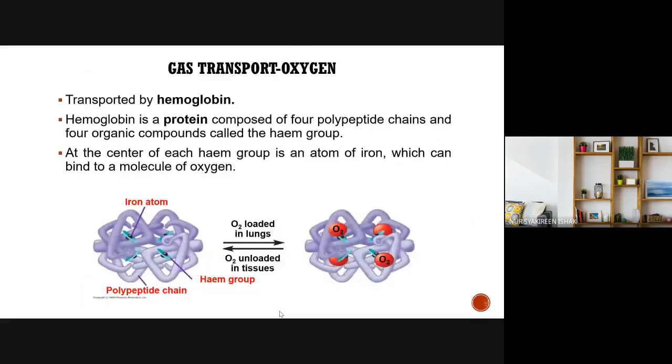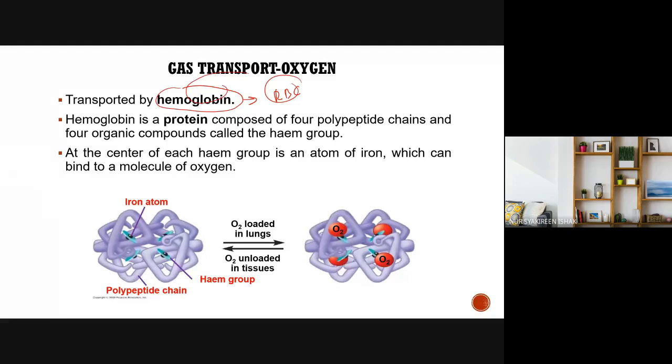So transported by hemoglobin. Remember, hemoglobin is the pigment in the red blood cell. Don't think that red blood cells are hemoglobin. Hemoglobin is the pigment found in red blood cells. So a red blood cell will contain hundreds of thousands of hemoglobin.